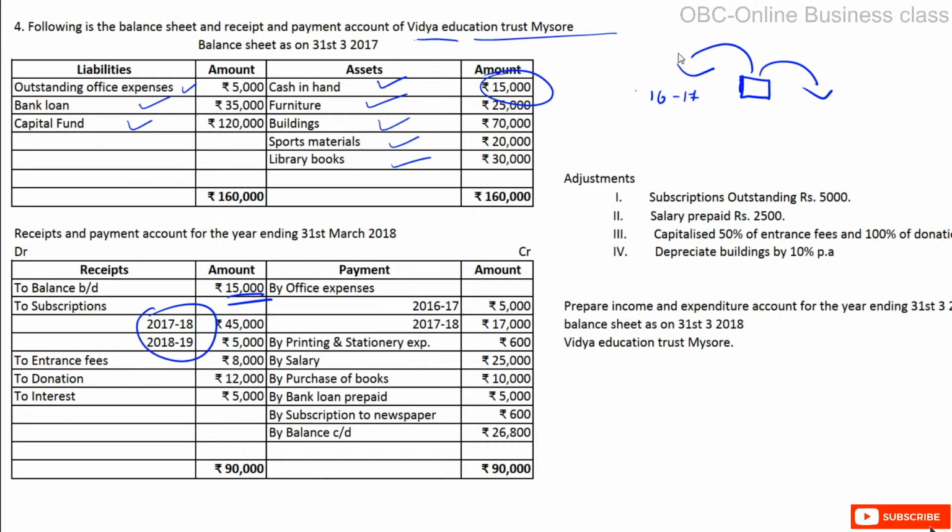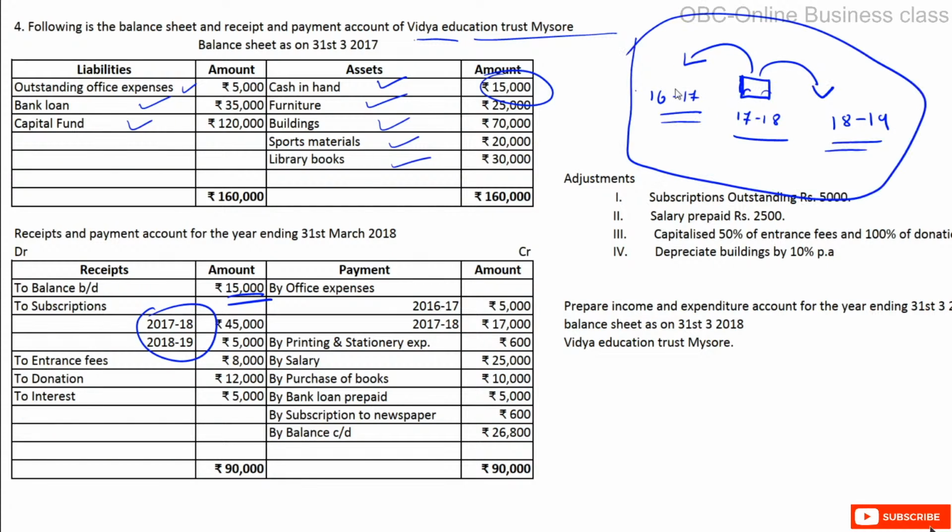16-17 is the previous year, 17-18 is the present year or current year, 18-19 is the next year. You should know this first before going further. If you don't know this, you can't solve the problem.